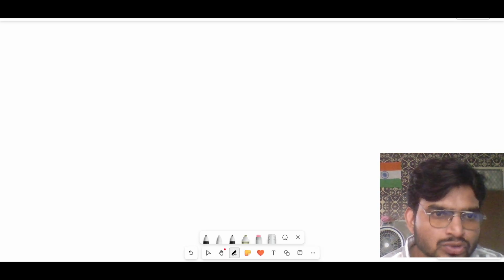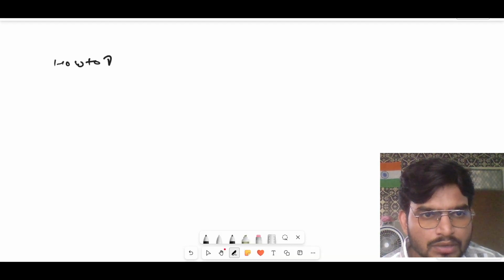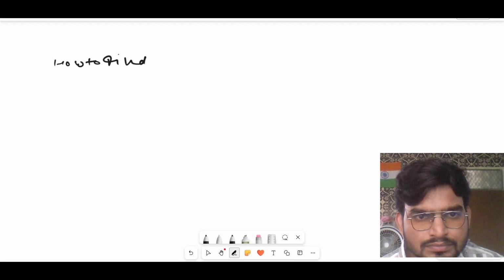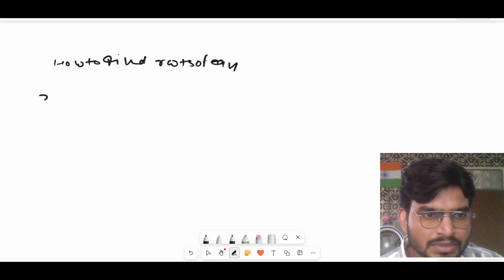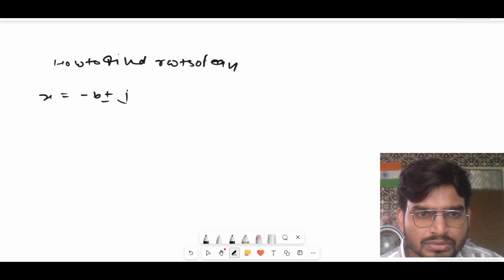Now, how to find the roots of the equation? The first method is that we can directly calculate using minus b plus minus root b square minus 4ac upon 2a.